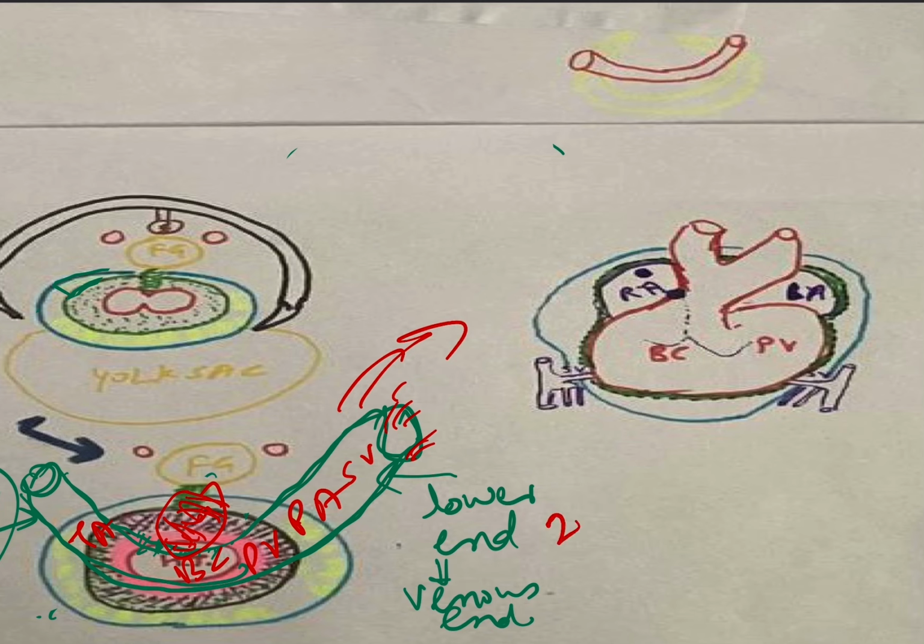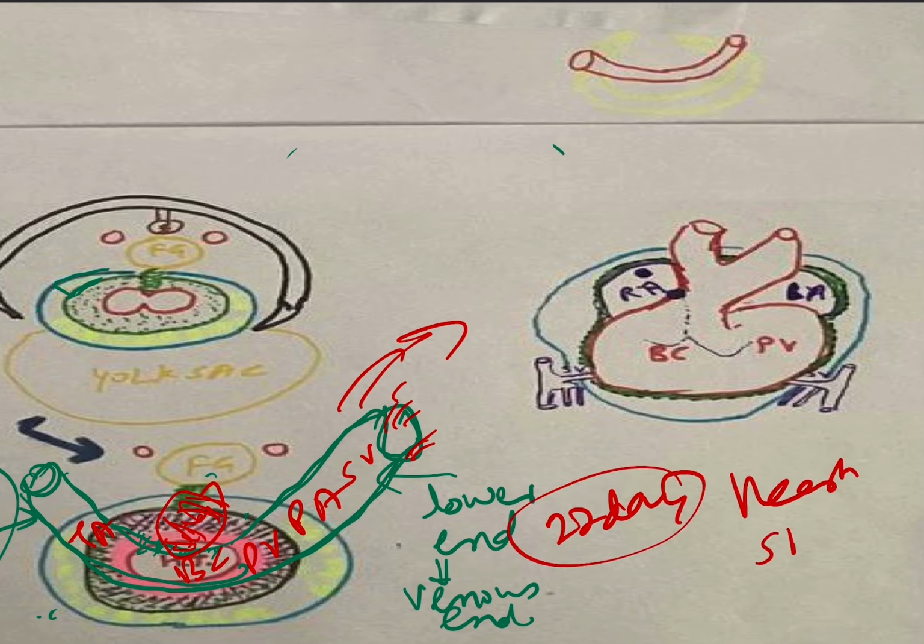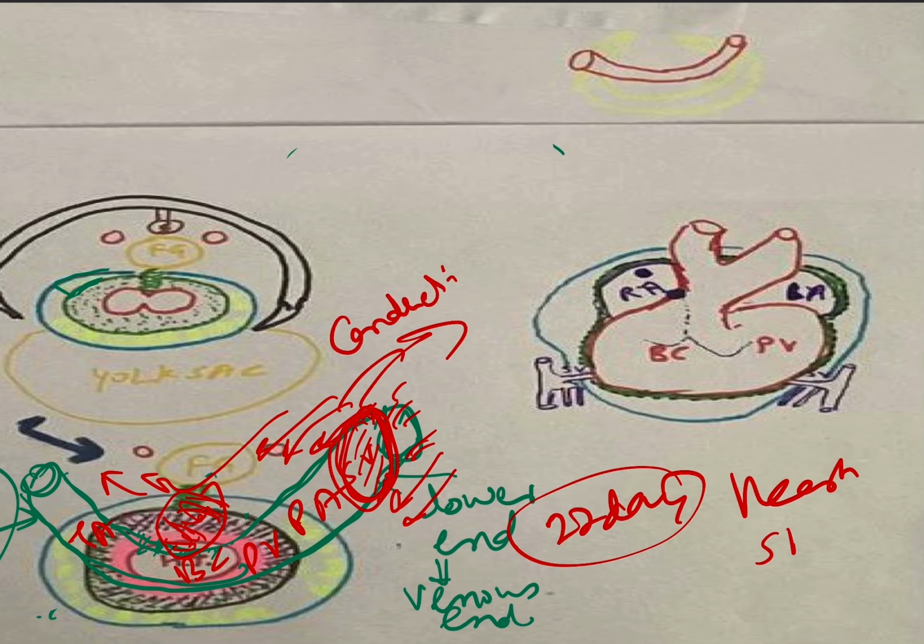But on the 22nd day, the heart starts beating, meaning it starts pushing its blood from the lower end to the cranial end. Why does this happen? Because the lowermost portion of the sinus venosus has conduction abilities.